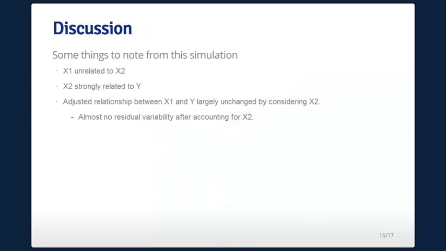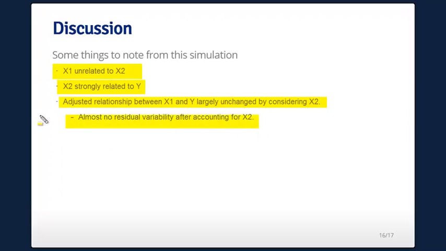At any rate, the point of this example was to give you a case where x1 was unrelated to x2, x2 was strongly related to y, but the adjusted relationship between x1 and y was largely unchanged by considering x2, which makes sense given that first point. The magnitude of the slope changes. However, the residual variability is changed dramatically by considering this other variable.